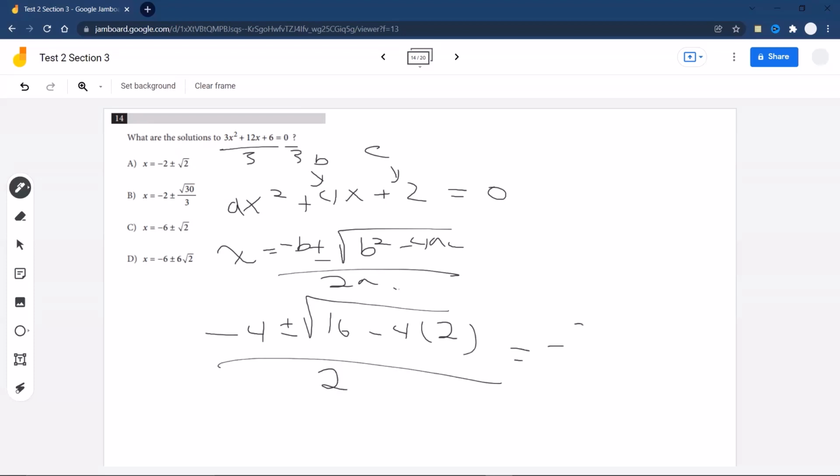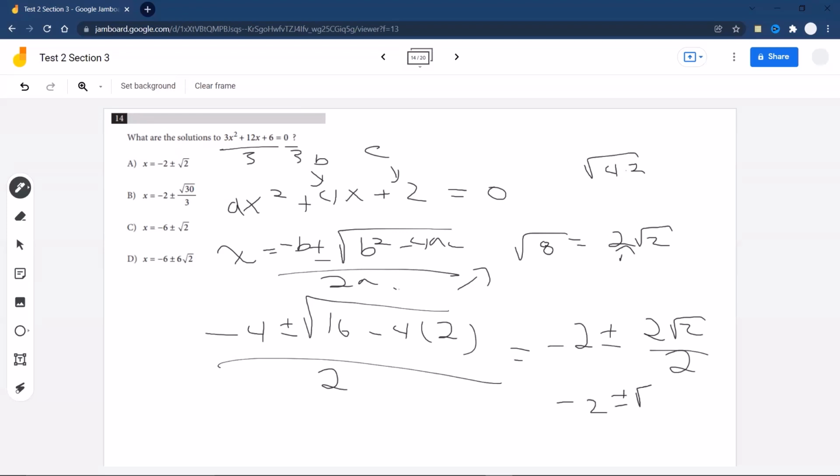So we'll get negative 2 plus or minus 2 root 2 over 2. Because this gives me root 8, and root 8 simplifies to 2 root 2. And that's because it's the square root of 4 times 2. I can bring that 4 out because the square root of 4 is 2, and that becomes a 2 here. At any rate, the answer, therefore, is negative 2 plus or minus root 2.